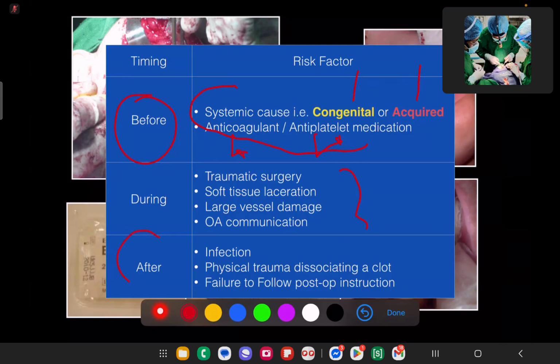There would be also afters, or post-operative, which concerns us on infection, physical trauma, and of course, failure to follow post-op instructions. So basically, these are the risk factors on each of the phases of the bleeding or hemostasis.